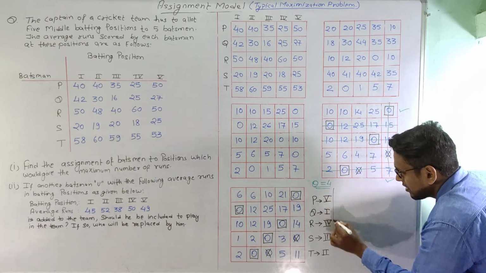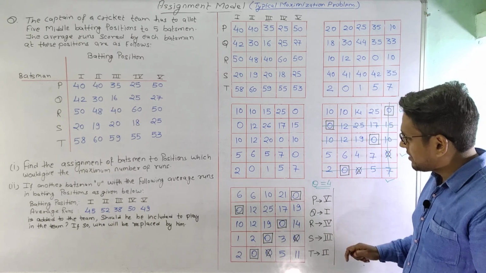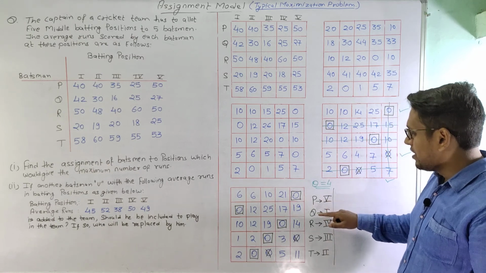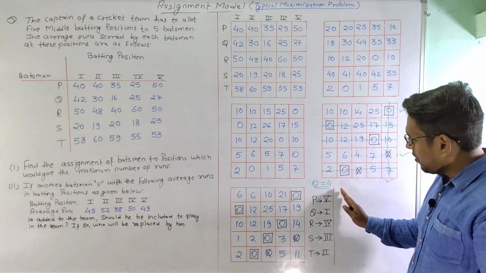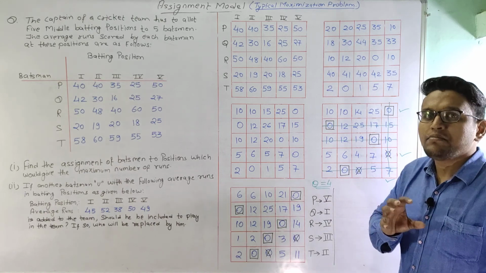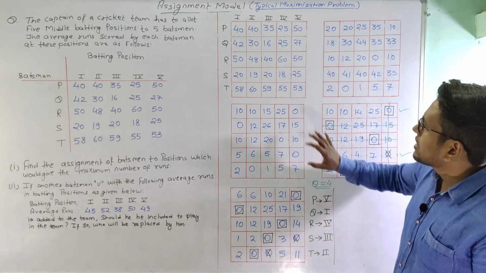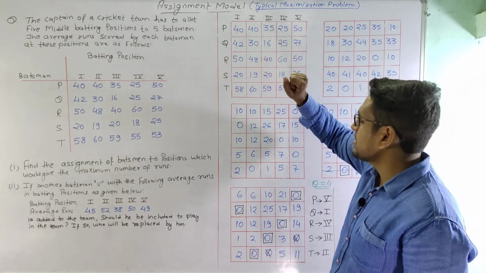And here we can see that this is the optimal assignment: P will play at 5, Q at 1, R at 4, S at 3, and T at 2. Now in order to find the value of Z, that is the total maximum runs scored, we need to look at the maximization matrix. So this is the maximization matrix that is given in the problem.